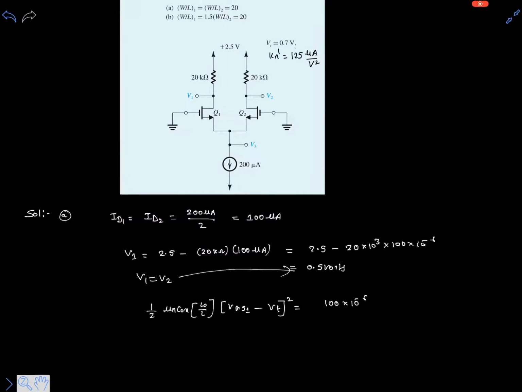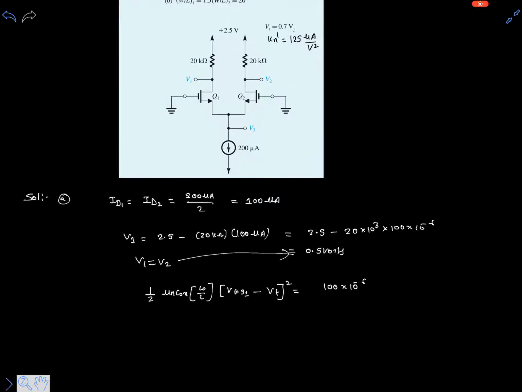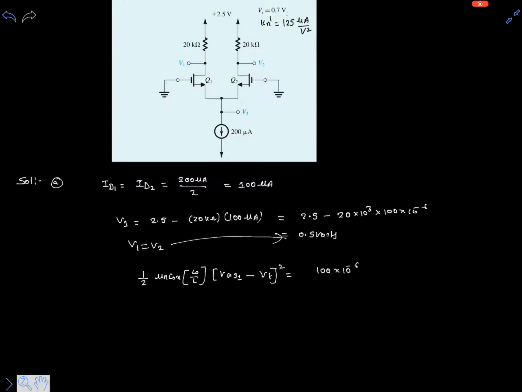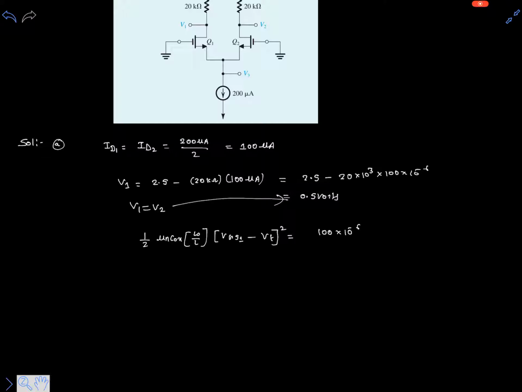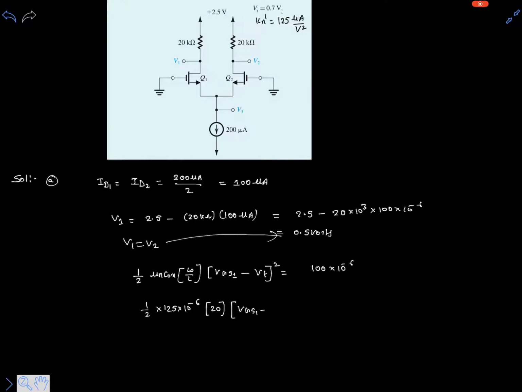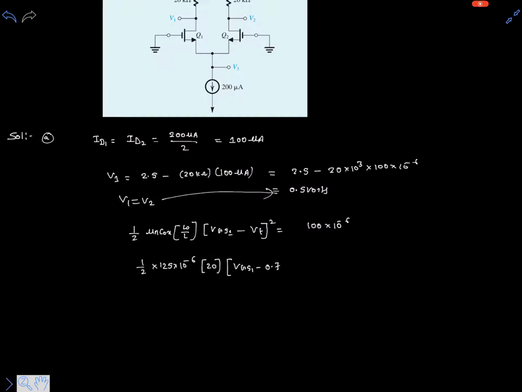So let's substitute all the values. Kn dash is given as 125 microamperes per volt square, this is 20, and this is VGS1 minus VT, also given, that is 0.7, whole square equals 100 microamperes.